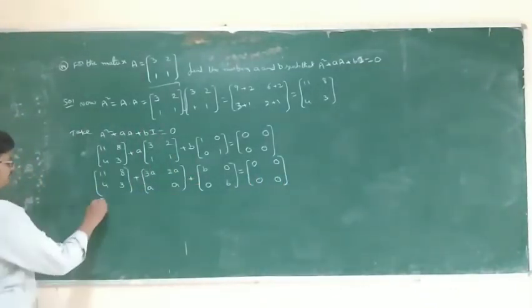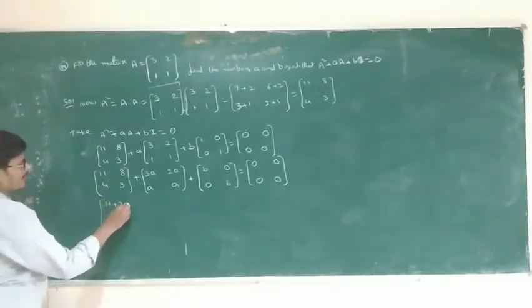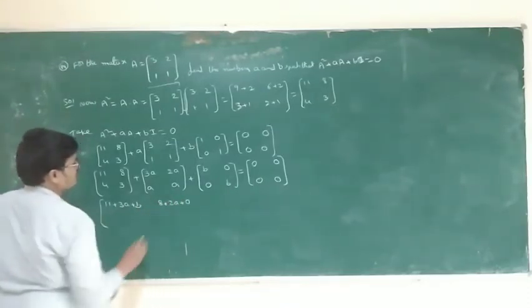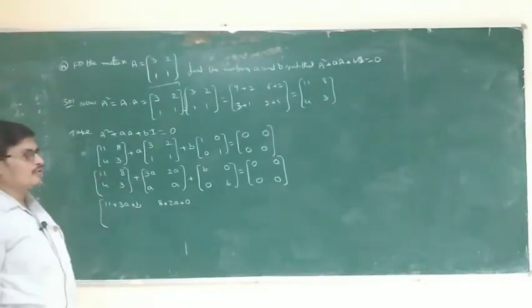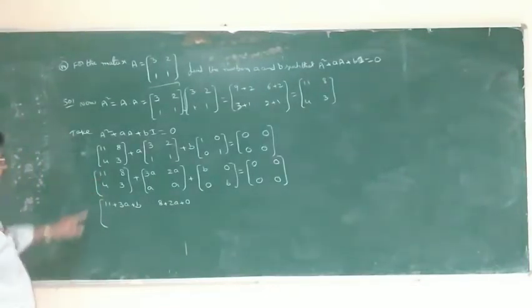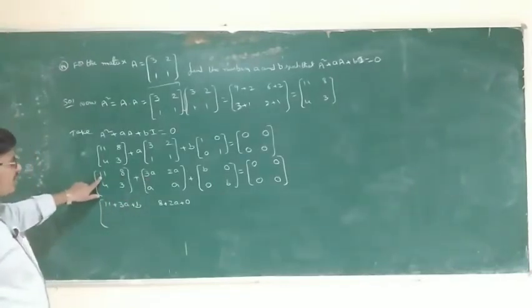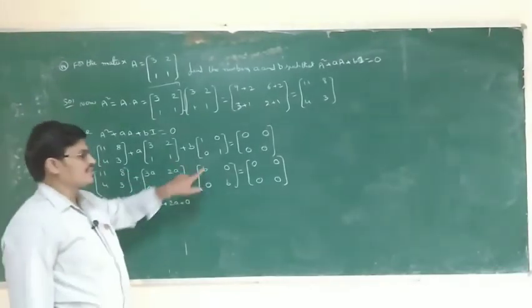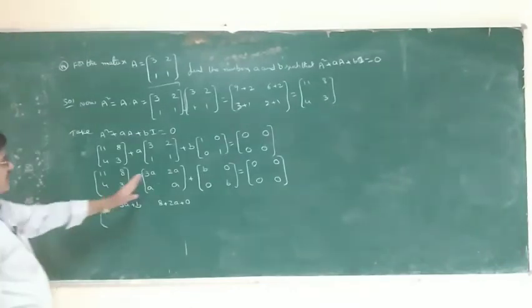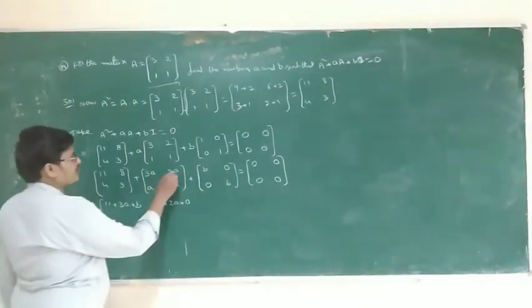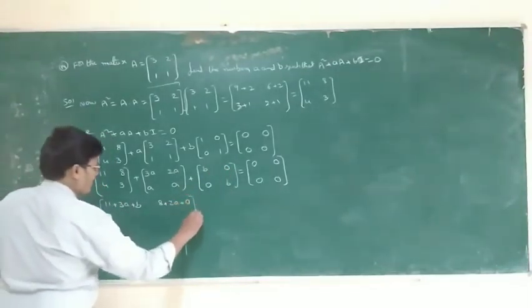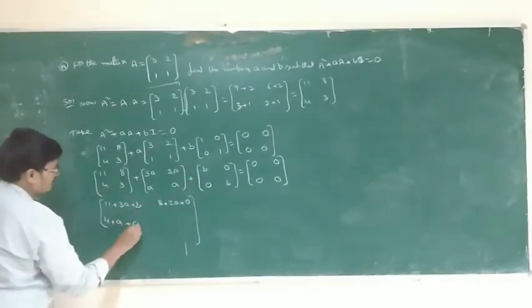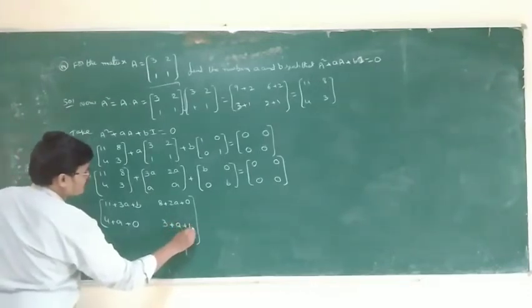Adding the three matrices: 11 plus 3a plus b, 8 plus 2a plus 0, 4 plus a, and 3 plus a plus b.